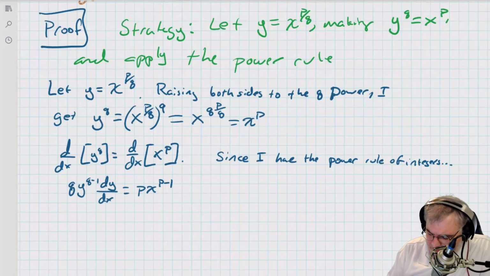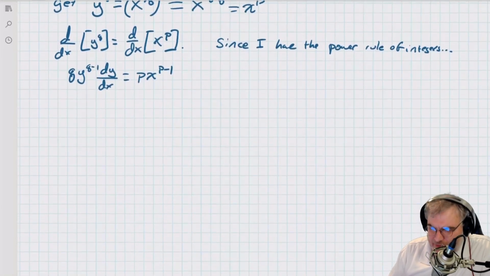And now I'm going to divide both sides by this term here. And now this algebra, which I totally messed up last time, comes into play. This is a nightmare in algebra.